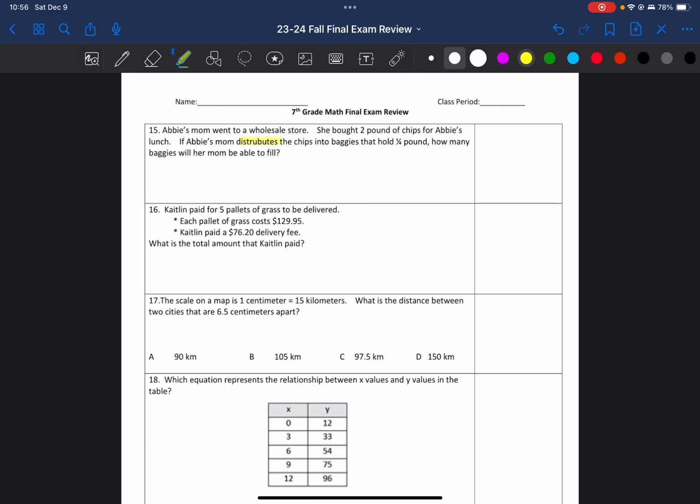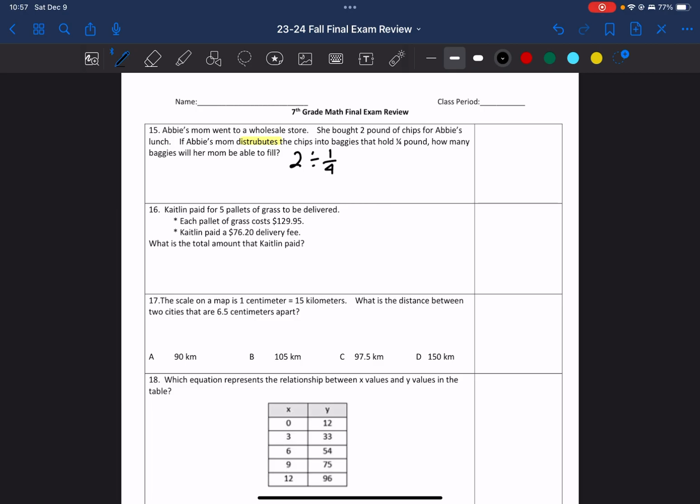What we want to find out is how many baggies we will be filling. The baggies hold 1/4 pound, so we have to do 2 divided by 1/4.